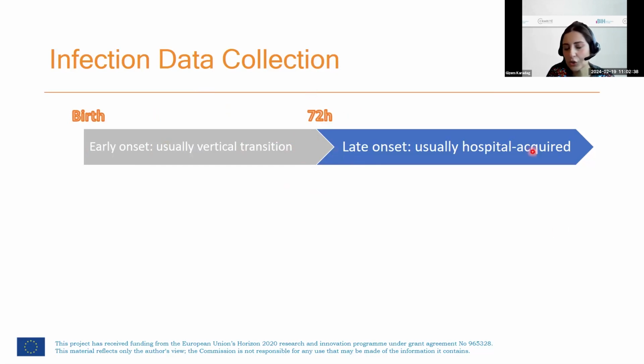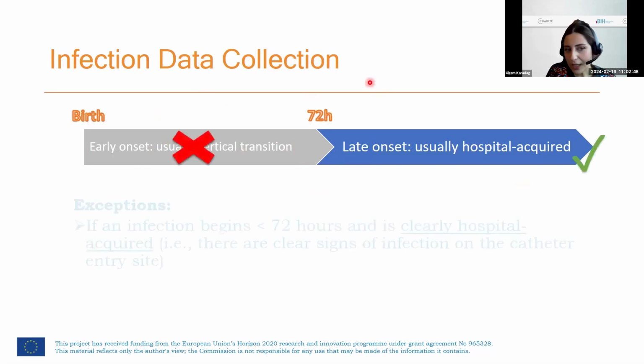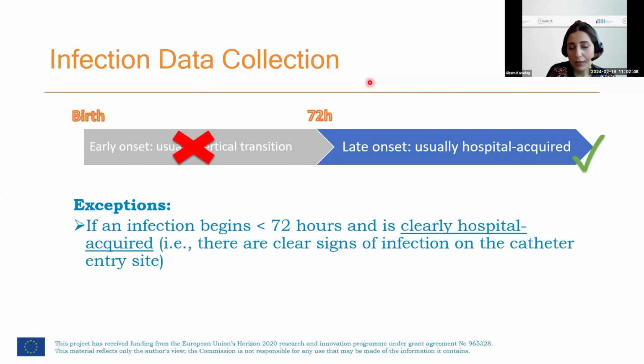The late-onset infections that occur after 72 hours should be considered hospital-acquired infections. But it's not such a strict rule; there can be exceptions.